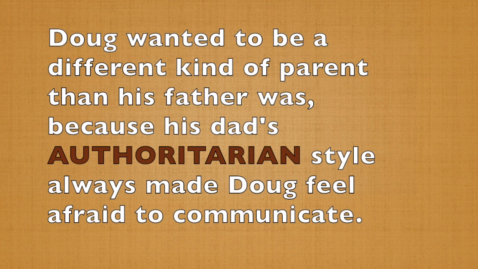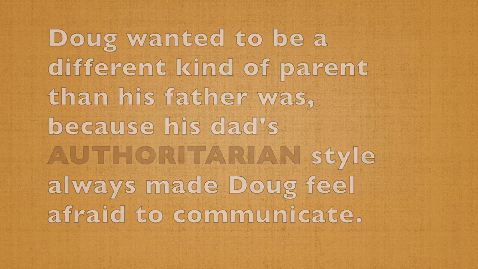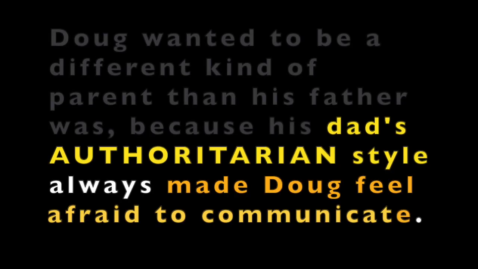So, Doug wanted to be a different kind of parent than his father was because his dad's authoritarian style always made Doug feel afraid to communicate. All right, so you can infer what authoritarian means based on this sentence. You can infer it.